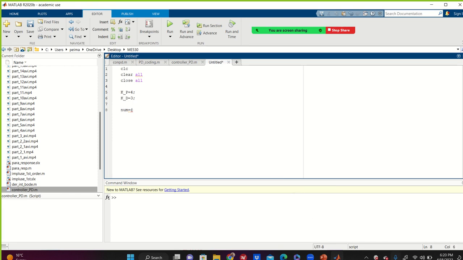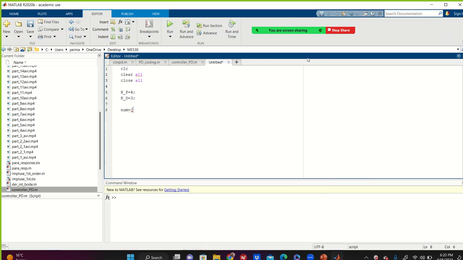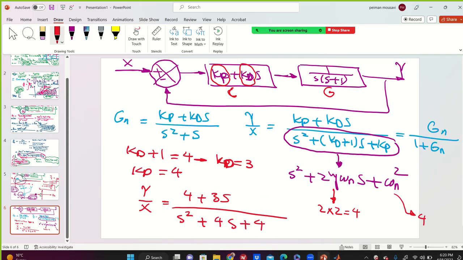Num for the closed-loop transfer function is KP plus KD s. Then the denominator is s squared plus (KD plus 1) s plus KP. I'm just doing it parametric.